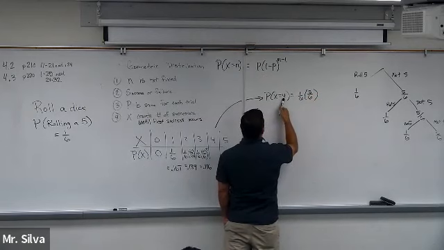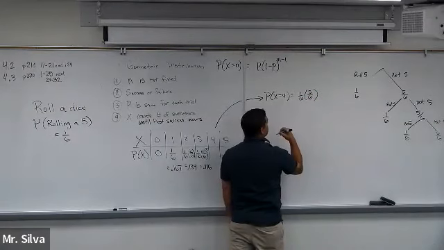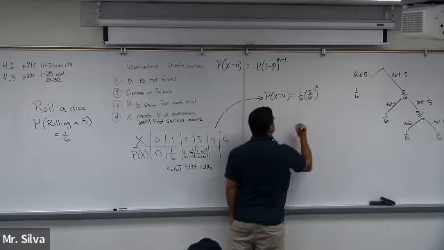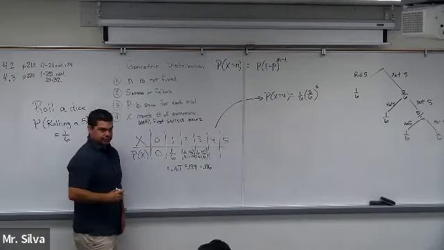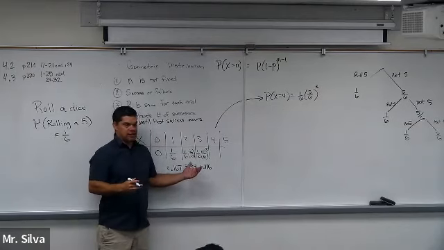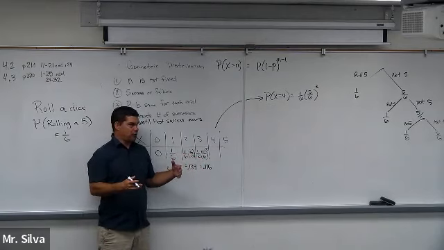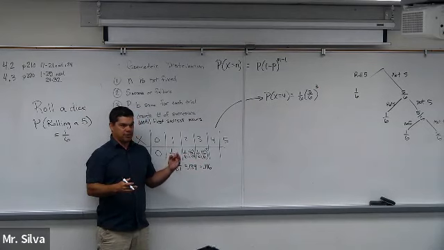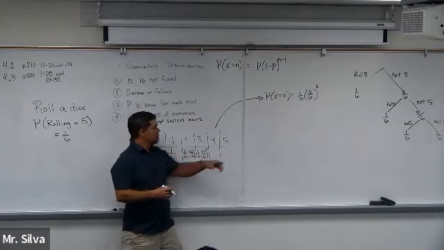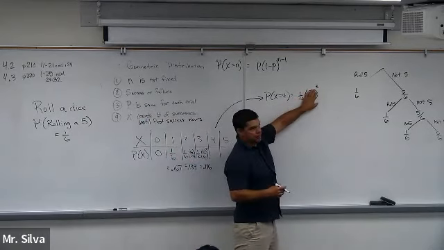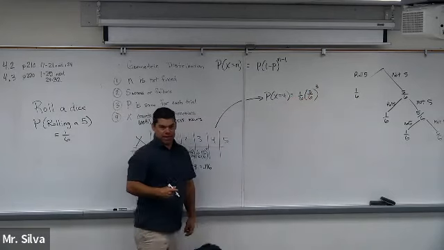Well, n is 4. 4 minus 1 is 3. If it takes 4 rolls, I have 1 success and 3 failures. I can just calculate that out.